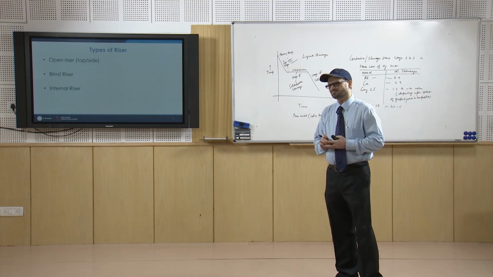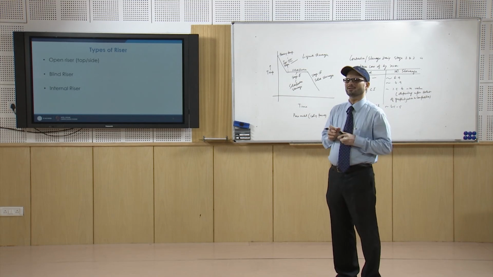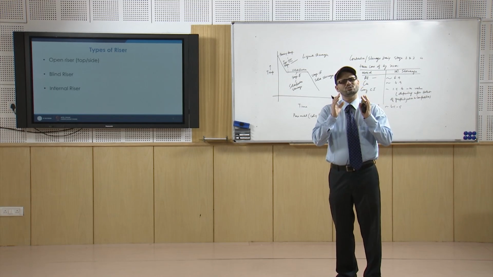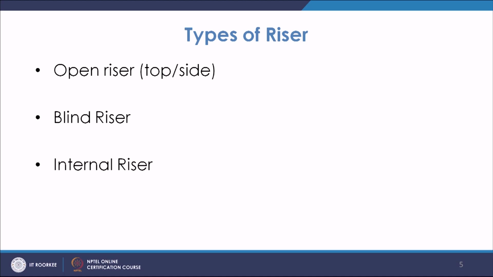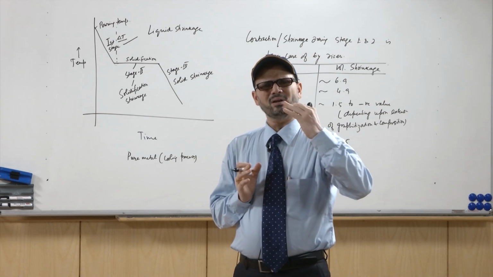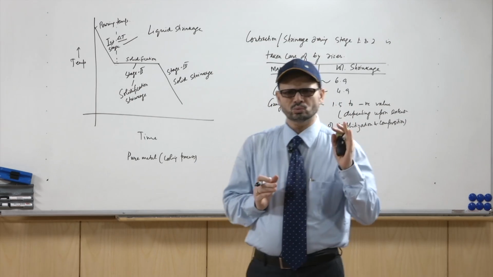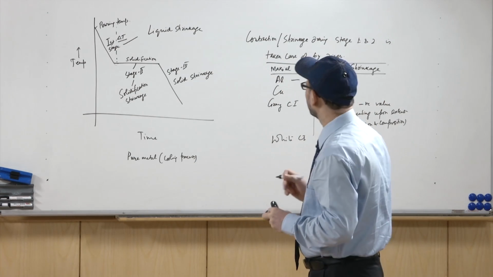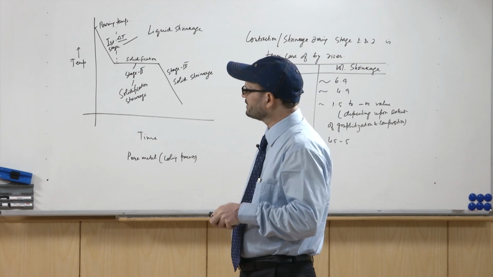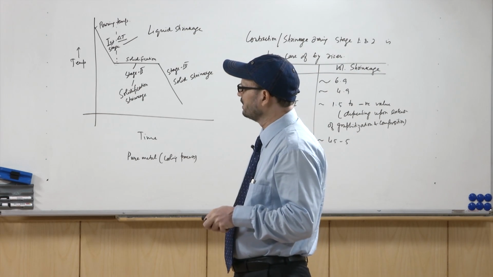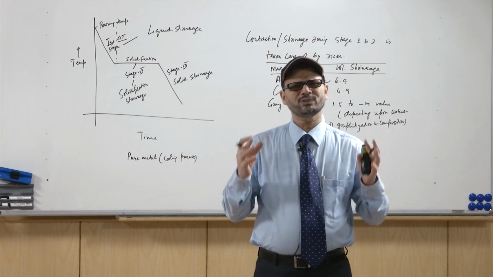Types of risers. Now, you have the riser, as we had seen in our first slide, that you have to place the riser and it should be attached to the casting, so that it should be able to supply the liquid metal to the casting whenever it is required. Now, one type of riser is the open riser, that is, the riser is open to atmosphere.